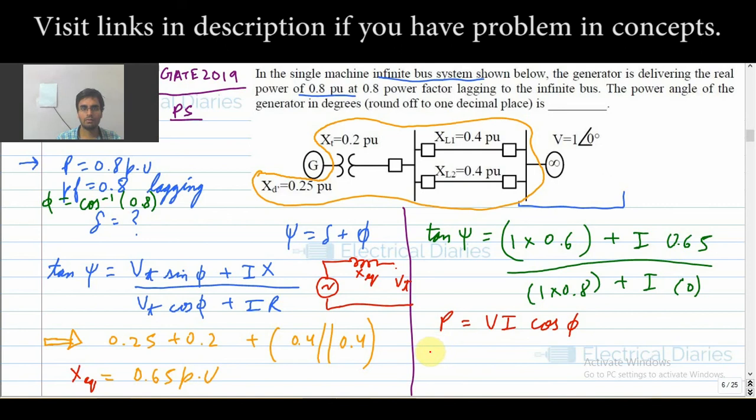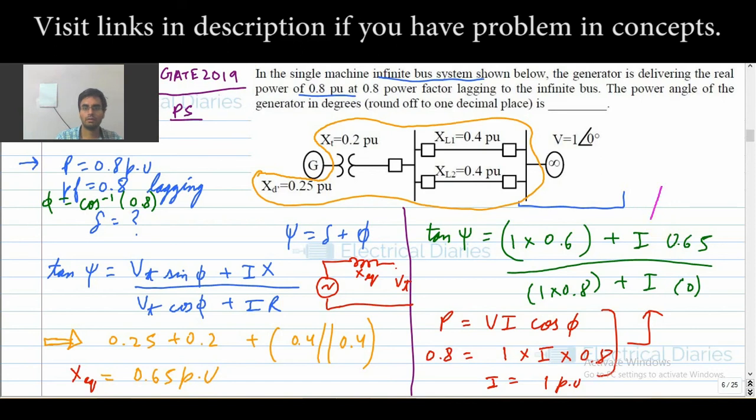Power is given as 0.8, V is given as 1, cos phi is 0.8, so I will be equal to 1 per unit.